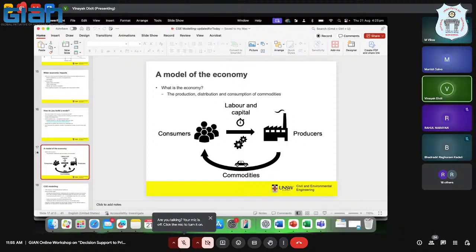Can anybody tell me what capital means? Investment capital. Yeah, exactly. The savings from the households goes there. Industries also have their own capital, which they provide to other industries, but they also provide money in turn for labor, and provide commodities which the consumers use.